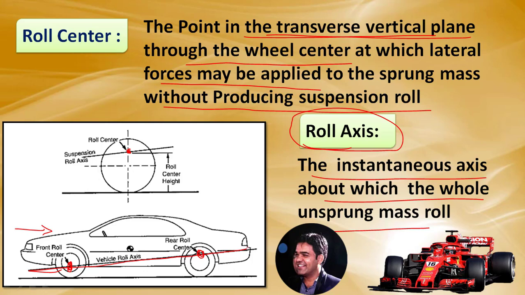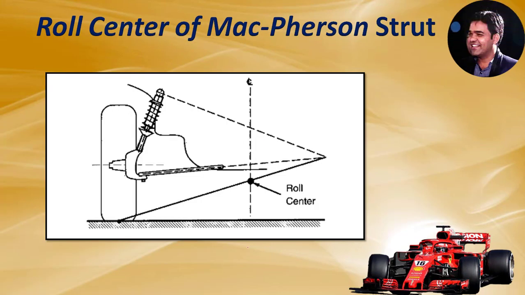Now let's talk about the roll center of the MacPherson strut type suspension. In the construction of the MacPherson strut type suspension, it comprises one lower arm, which is here, and one strut which is equipped with the coil spring and the damper.